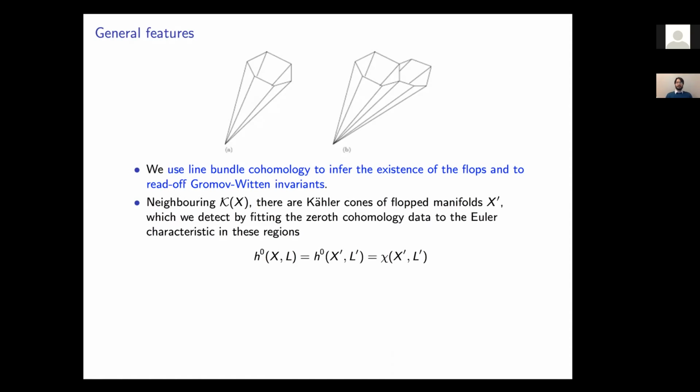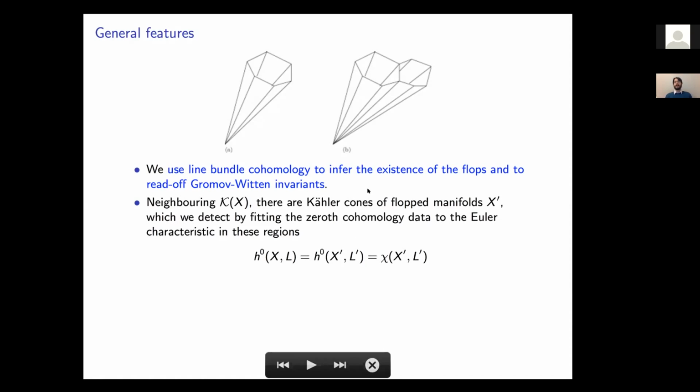So they correspond to codimension 1 objects. So because of that, there is an isomorphism between line bundles on X and line bundles on the flopped space. And moreover, the global sections, the number of global sections is not affected. So H0 of X, L is the same as H0 of X prime, L prime.